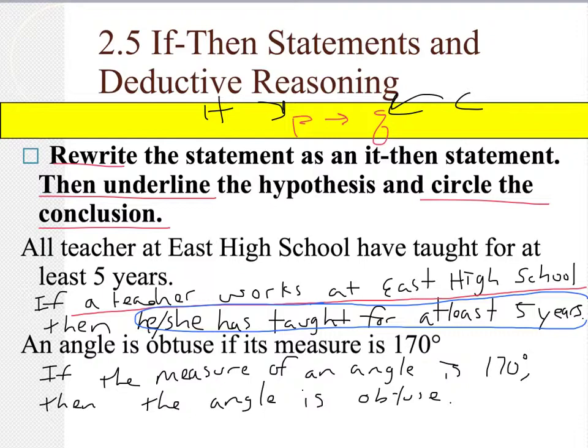We know that has to be the true statement because we cannot flip this around. We cannot say if the angle is obtuse, then the measure of the angle is 170, because not all obtuse angles are 170 degrees. However, all 170 degree angles are going to be obtuse.